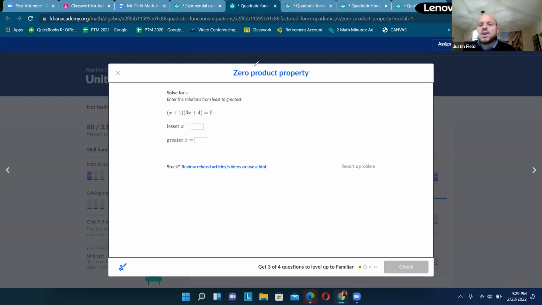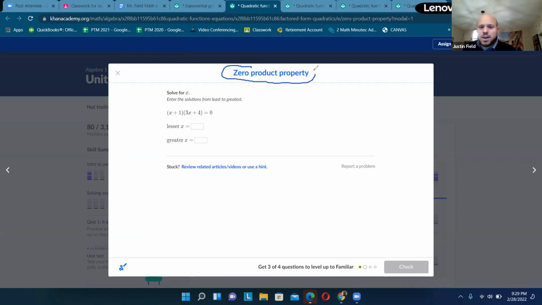Okay, then we have the zero product property. What is that? It simply says that if A times B equals 0, A must equal 0 or B must equal 0. One of those guys is 0 because the product is 0. So we can use that because, look, the factors multiply to 0.